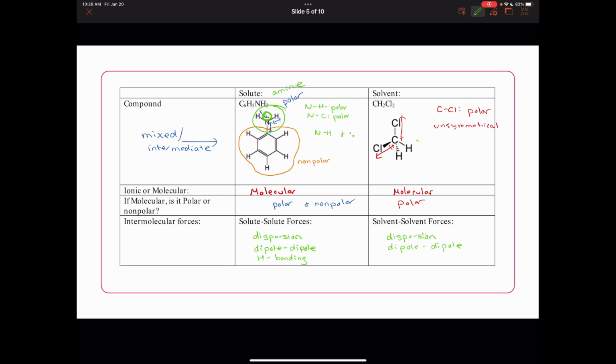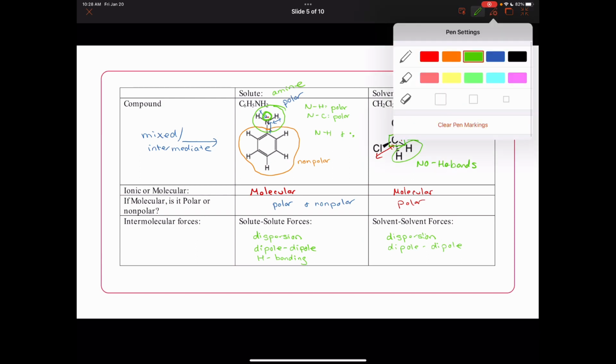I have hydrogens here, but they're attached to carbon. Hydrogens attached to carbon do not hydrogen bond. So that molecule only has dispersion and dipole-dipole. And that's what's going to cause that CH2Cl2 to bond or mix or attach to other CH2Cl2 molecules.